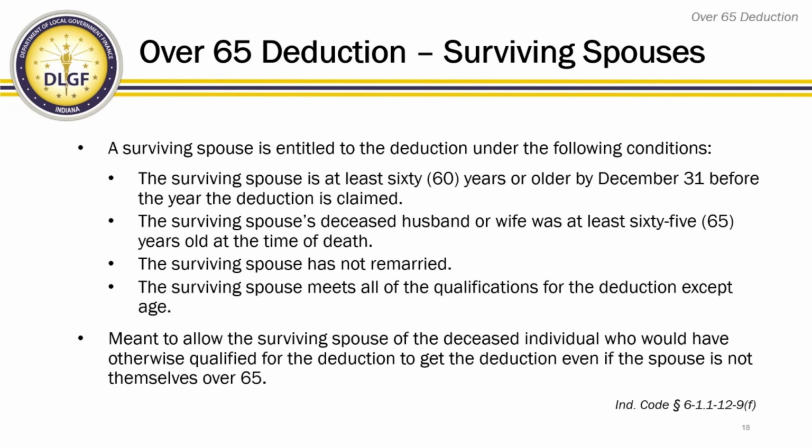The surviving spouse has not remarried and also meets all of the qualifications for the over 65 deduction except for age. But again, the spouse has to be at least 60 years old. This is kind of meant to allow surviving spouses of a deceased individual who would have otherwise qualified for the deduction to get the deduction, even if the spouse is not themselves over 65. Next.